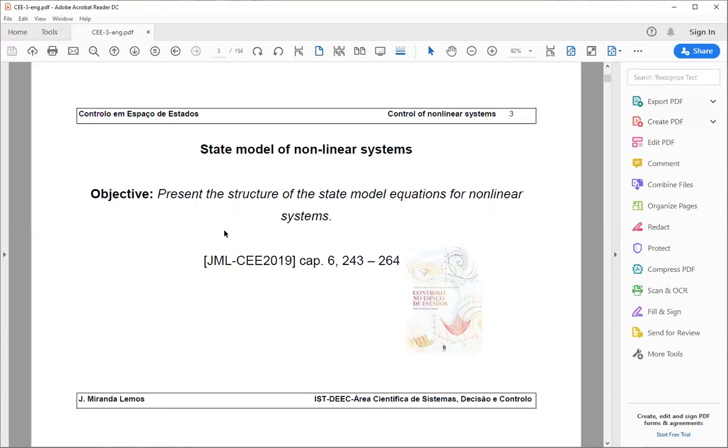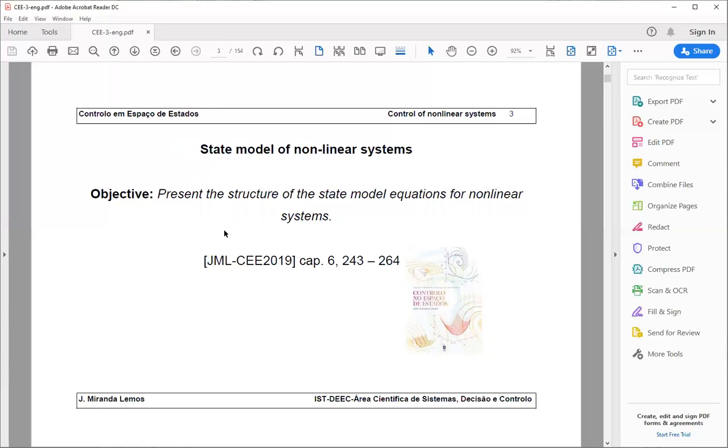And the idea is to show how the state model equations can be written for a number of nonlinear systems, and to show that this state model is written in a common pattern to different examples, and also to give a number of examples that show that the behavior of nonlinear systems can be quite different from linear systems.